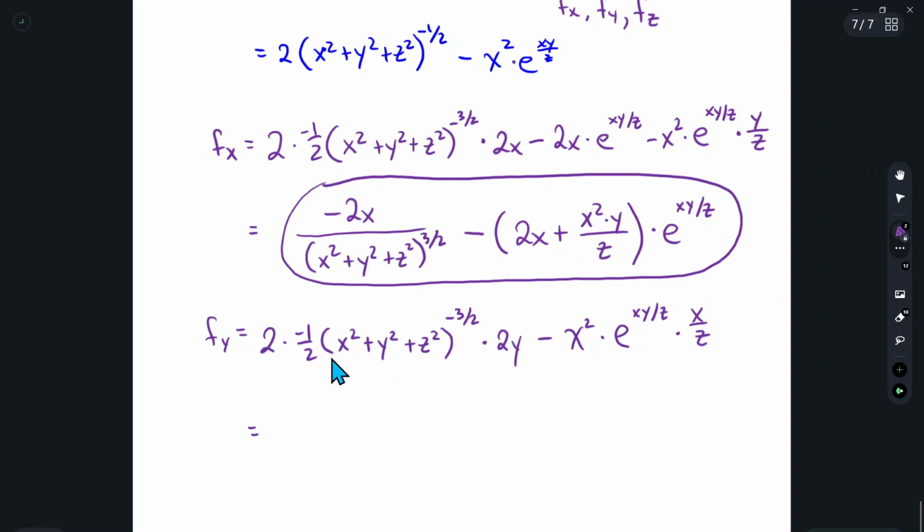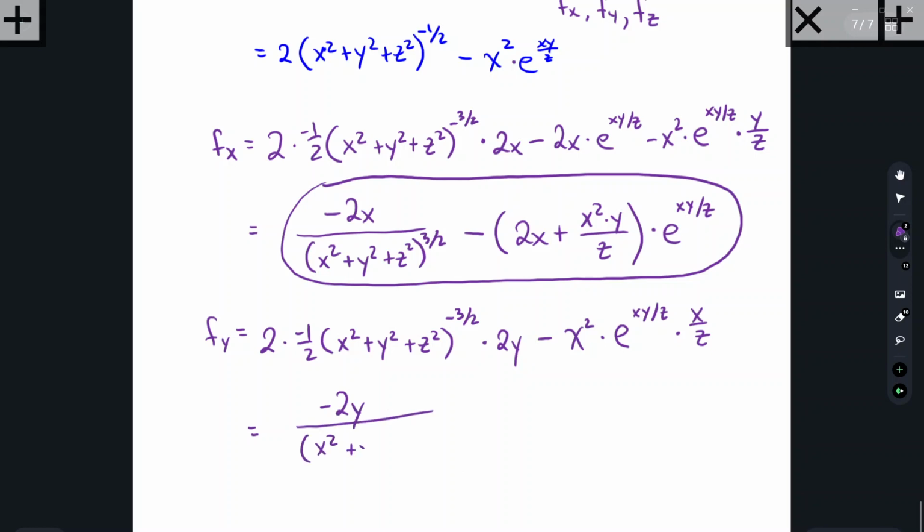The 2 and the 1/2 cancel, I have a minus 2y, and then this thing has a negative exponent, so that goes in the bottom. This 2y I already put in the numerator, and then here x squared times x is x cubed.